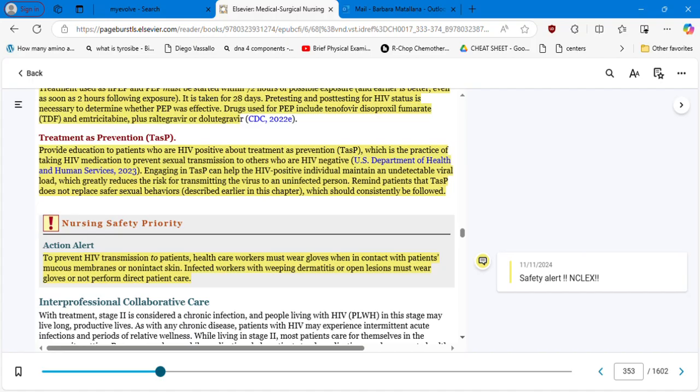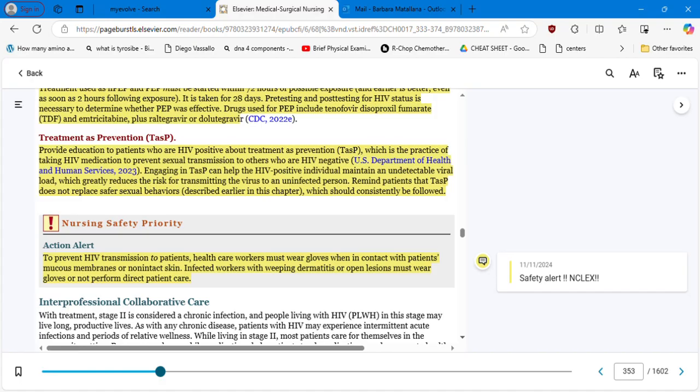So let's clarify this. When the viral load is present, there is more risk of transmission. As long as you have an undetectable viral load, the risk of transmitting the virus is greatly reduced.